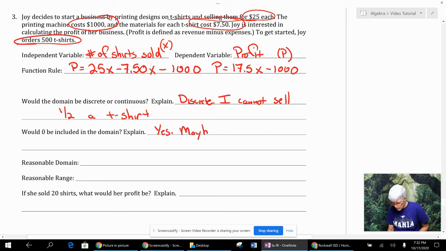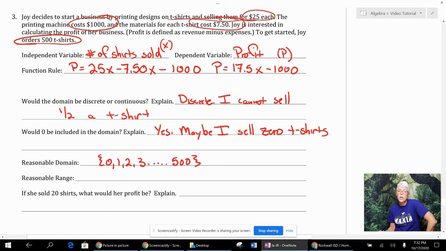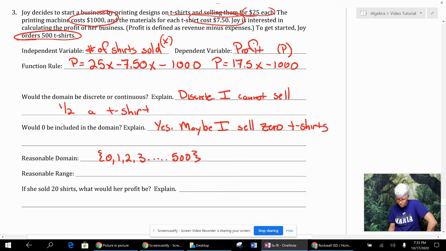Maybe I sell 0 t-shirts. It's a possibility. Maybe I have a really crummy design on my shirts. All right, so my domain could be 0 or 1 or 2 or 3 or all the way up. I have to stop at 500 because that's all I have, at least for my first order.